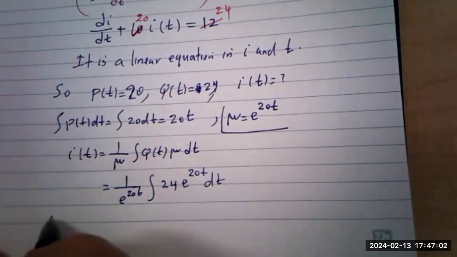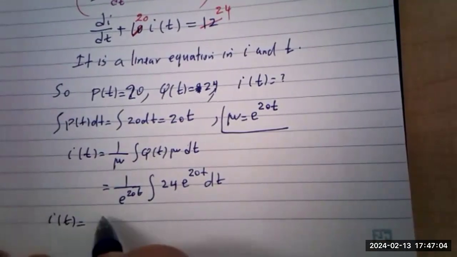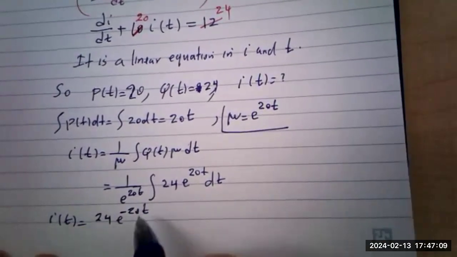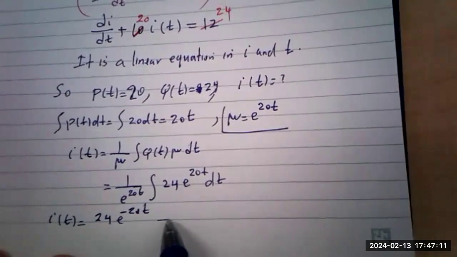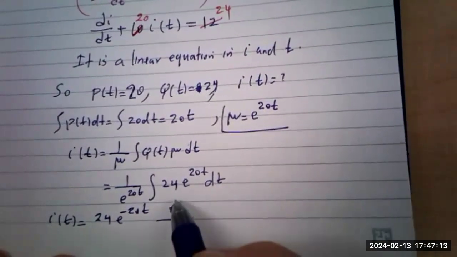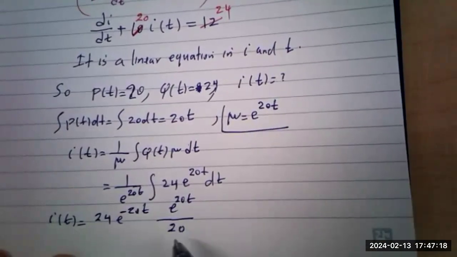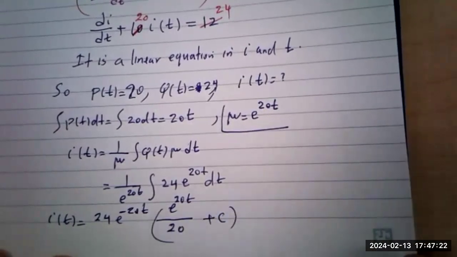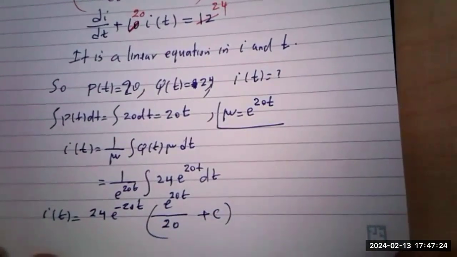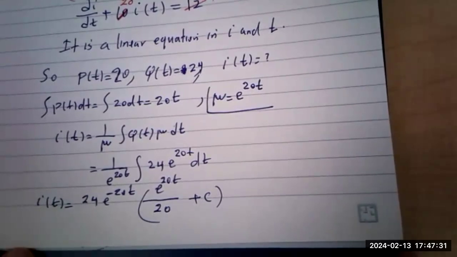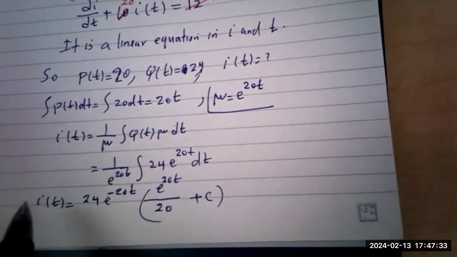So what we have, I of t is equal to 24 e to the negative 20t times the integral. The exponential function never changes, e to the 20t, but you have to divide by 20, plus the constant c. Then you can multiply inside and simplify it.